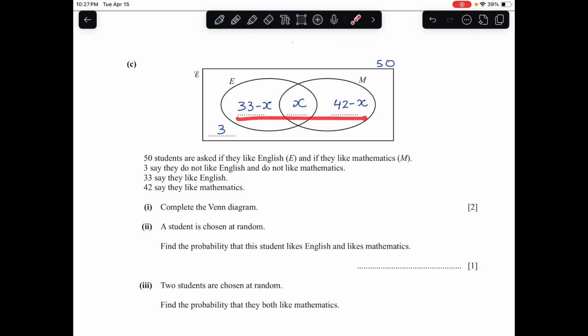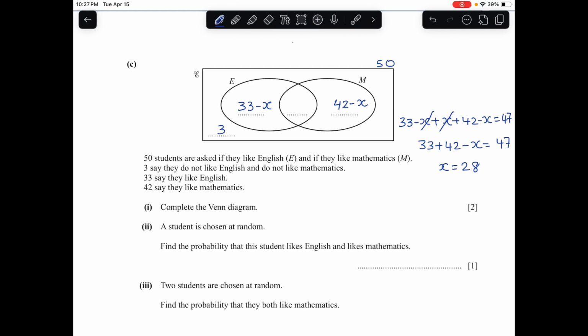So you can set up an equation with all of this. We know that all of this should add up to 47, as I said earlier. 33 minus X plus 42 minus X is equal to 47. So we can see that 33 plus 42 minus X is 47. So this works out to give us X equal to 28.